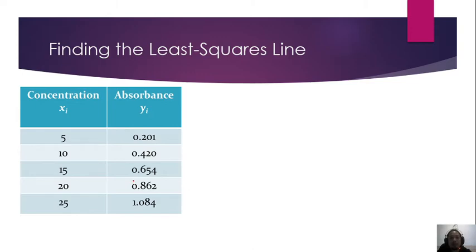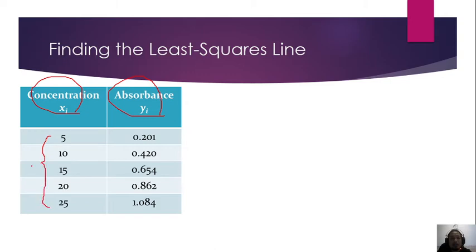Okay, saya akan explain macam mana kamu nak guna kaedah least square method. First, you got the data of concentration and absorbance. Data ni kamu boleh dapat by doing the analysis, kamu akan dapat data concentration dan juga absorbance.